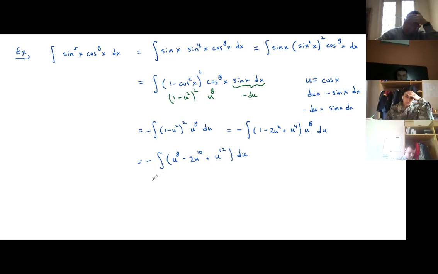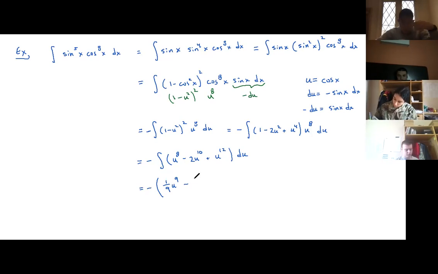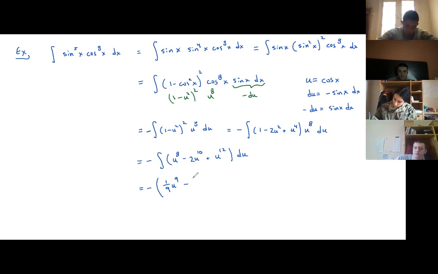Now another calculus step. Let's actually find antiderivatives. Antiderivative of u to the 8th is? Antiderivative of negative 2u to the 10th? Negative 2 over 11 u to the 11th plus, there you go, 1/13 u to the 13th plus c.